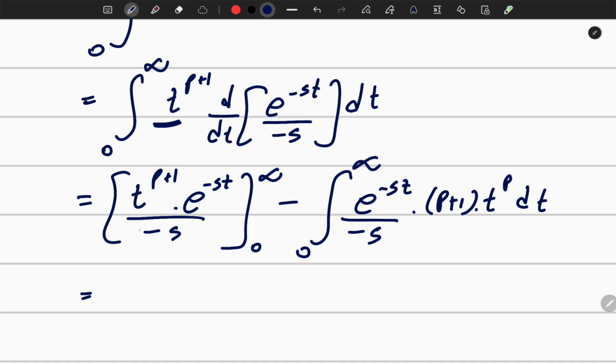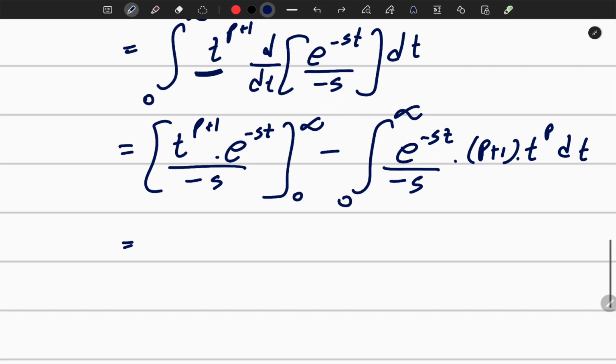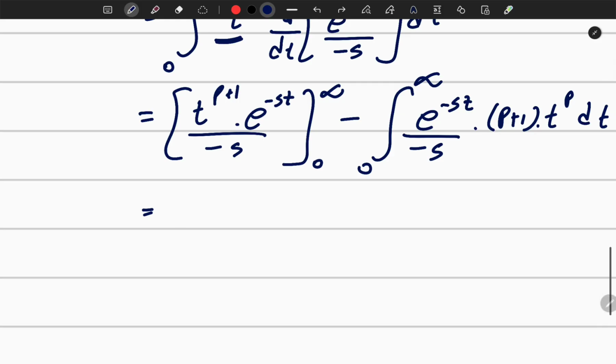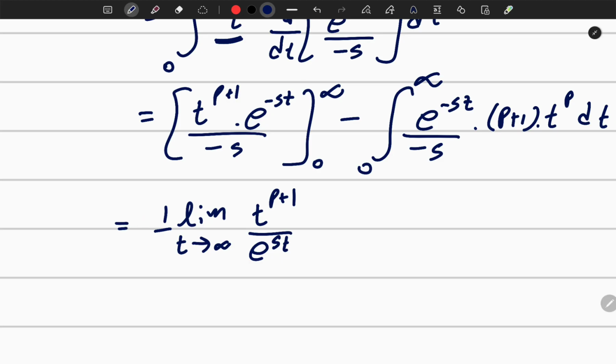When I divide this by e to the st, it is t to the p plus 1 over e to the st. When I plug infinity in there, it is the situation infinity over infinity, which is not defined, so I have to write that as a limit, as t approaches infinity of t to the p plus 1 over e to the st. There is a term 1 over minus s, and since it is a constant, I am going to take that out.